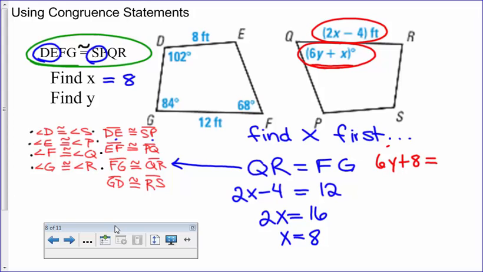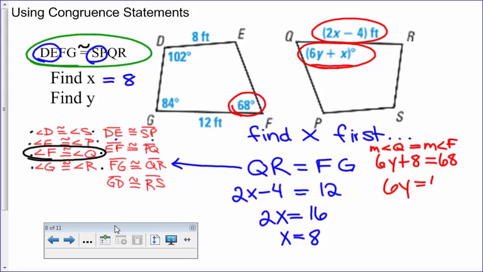So this is angle Q. The measure of angle Q is equal to, and if you come back over to our statements again, Q is equal to F. All right, so angle F back in my diagram is 68 degrees. Okay, so now we solve the problem. We get 6y equals 60. Divide, and we get y equals 10. So the final answer is both of these things. X equals 8 and y equals 10.